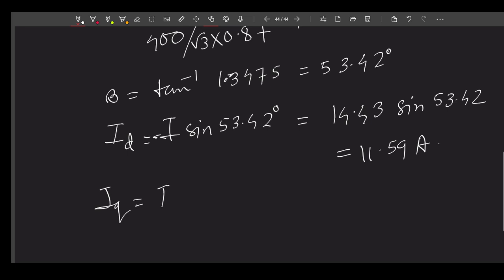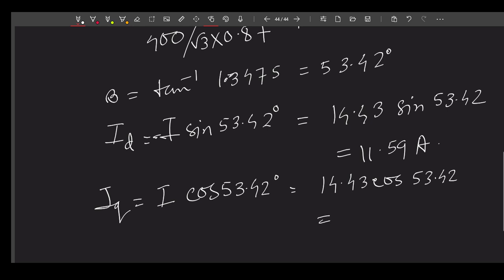Still, I am looking for a more conducive answer, like a kind of case study from you, that for this type of load, we can expect ID to be greater than IQ. Okay.